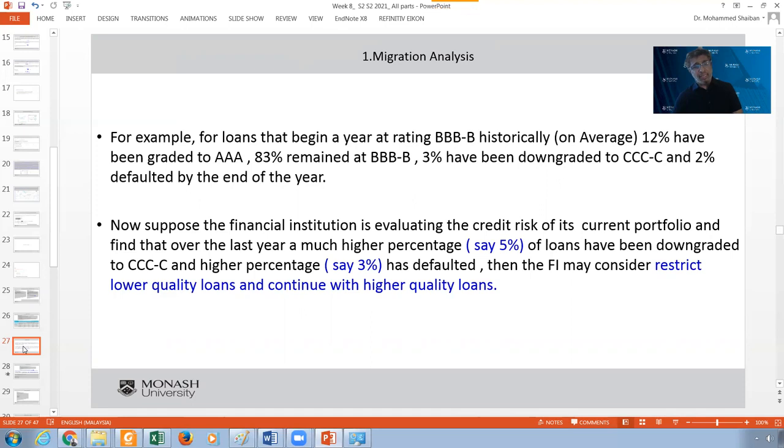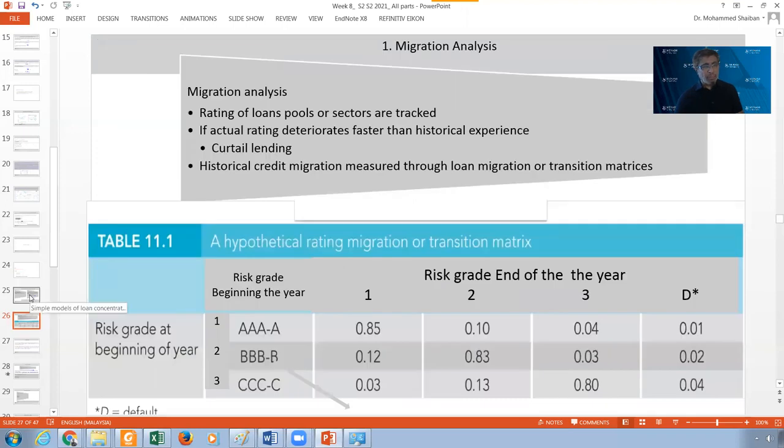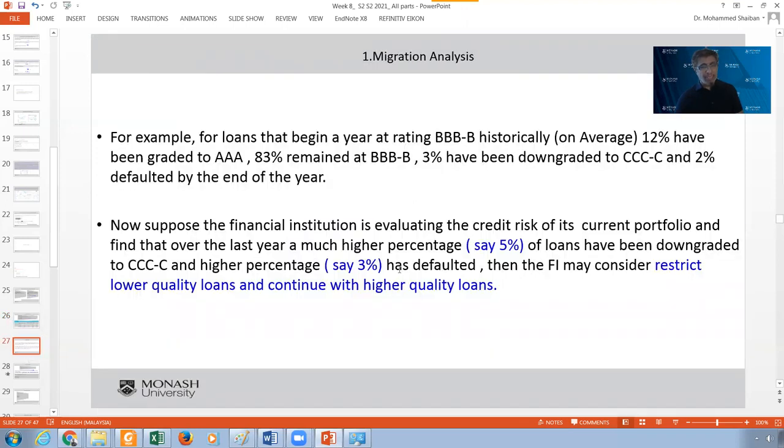In this case, I may consider getting rid of this category, B, and going to the A category. Maybe that will be better, and I will update and stop or restrict the lower quality loans and continue with higher quality loans. This is how moving from one rating to another helps us, and this is actually some type of diversification.